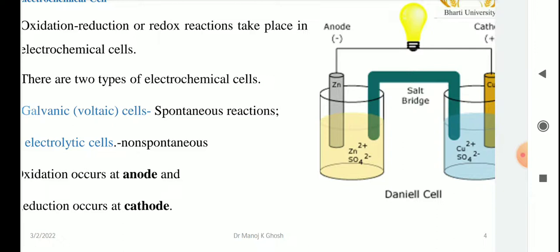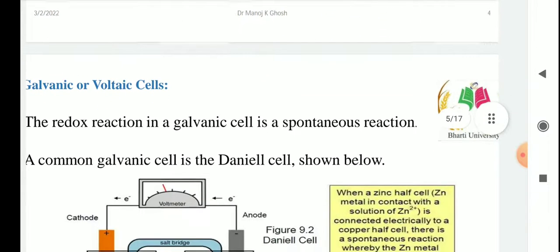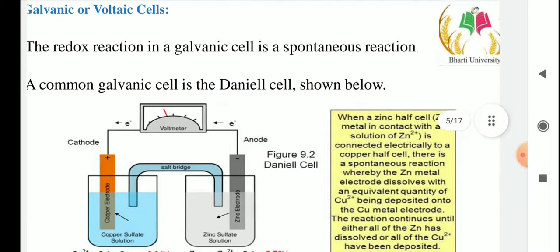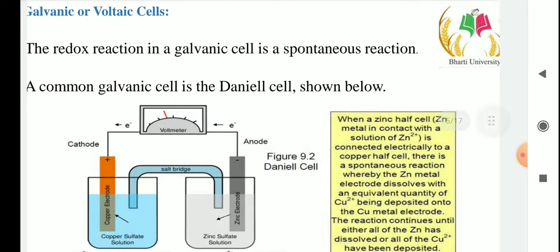The cathode is denoted by the negative symbol, the anode by the positive symbol. Here is another example of a galvanic or voltaic cell, where the reaction is spontaneous. Here is a figure; a common galvanic cell is the Daniell cell.